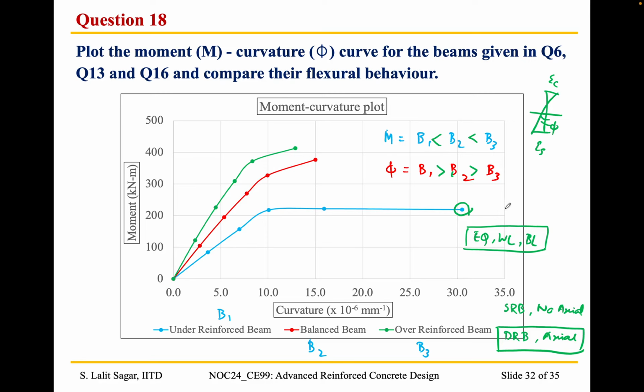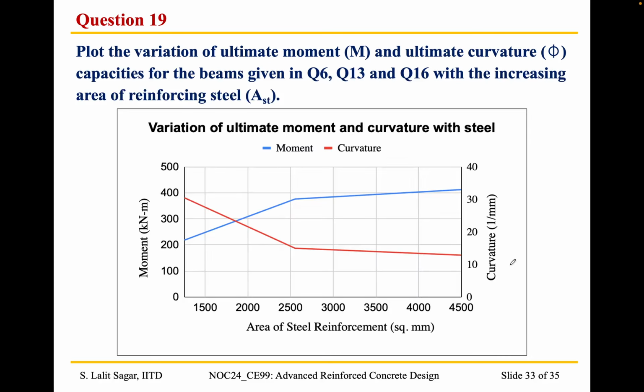So I hope we understood the crux of today's live interaction session, and I have one more question, which is what we discussed previously. What happens to the moment capacity and the curvature capacity of a reinforced concrete beam as we increase the area of steel reinforcement?